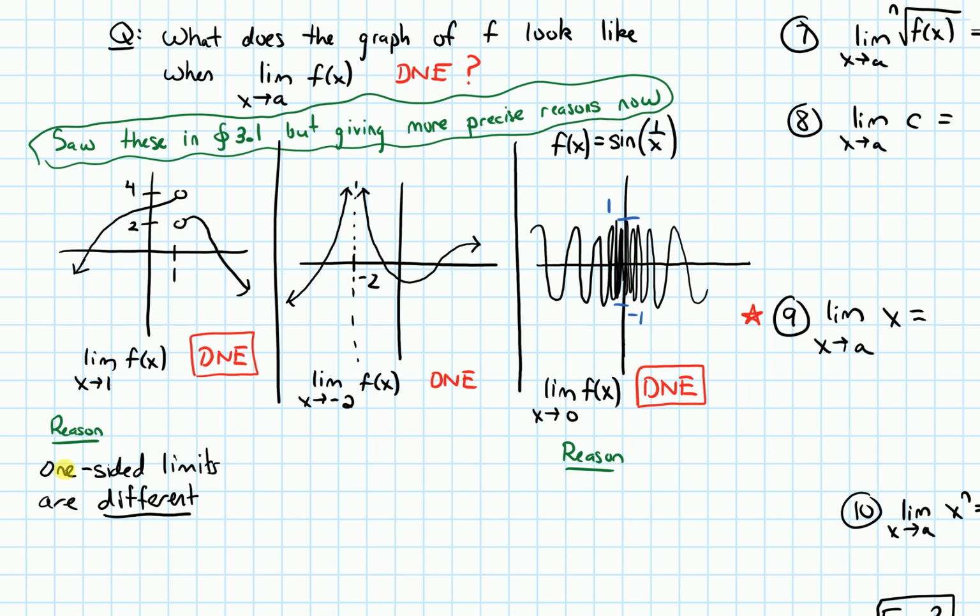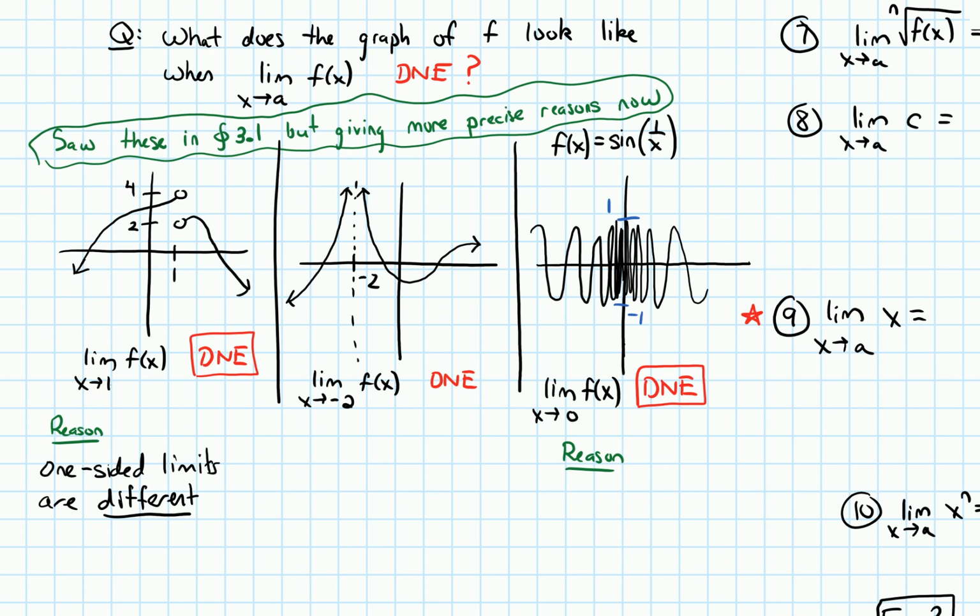The one-sided limits have to be the same, and they have to be finite. If either one of those does not hold, then the overall limit, in this case the limit as x approaches 1, does not exist. So in this picture, the one-sided limits are different, and that's what makes this limit not exist. The two-sided limit, or this overall limit.